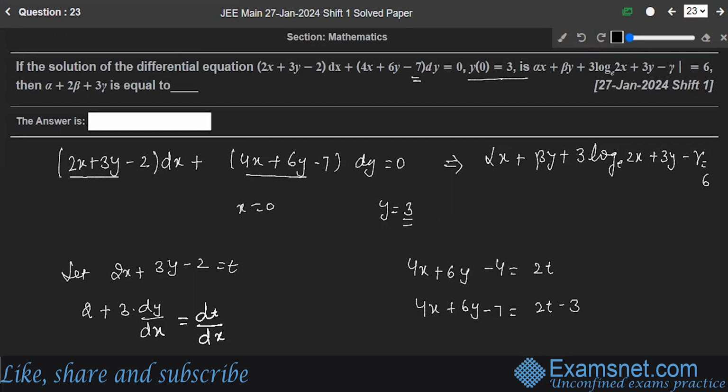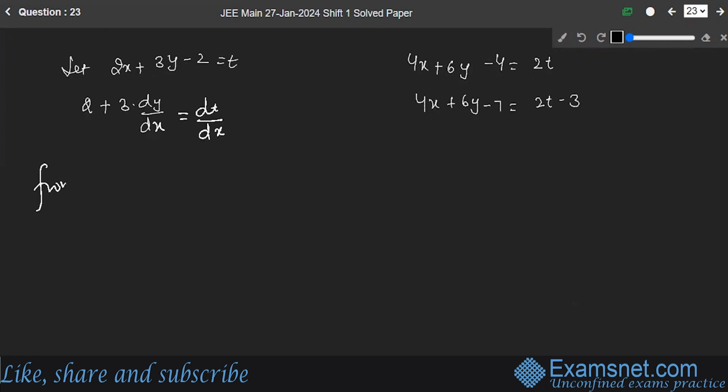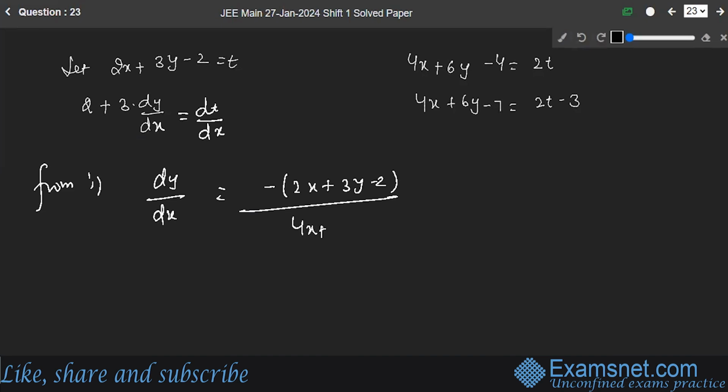So now according to the question, from this differential equation 1, you have dy/dx is equal to minus (2x + 3y - 2) divided by (4x + 6y - 7). If I write in terms of t, this will be minus t divided by 2t - 3. Now let's fill in this value in this equation.